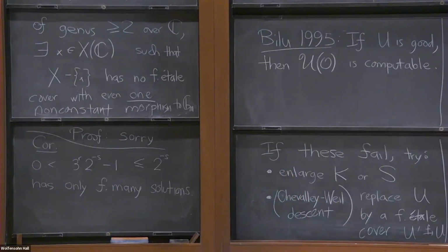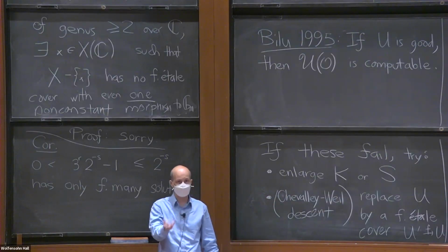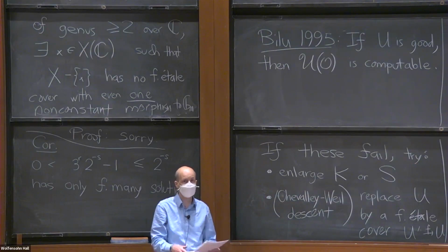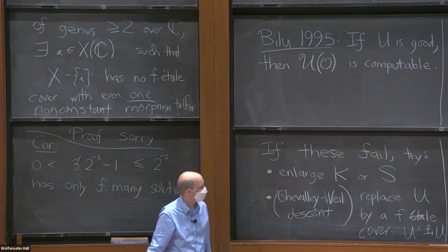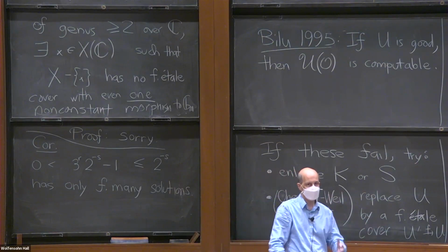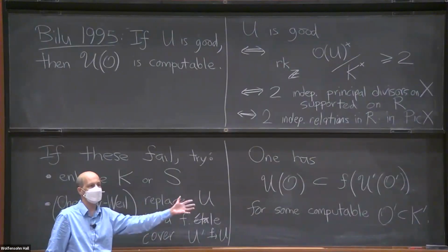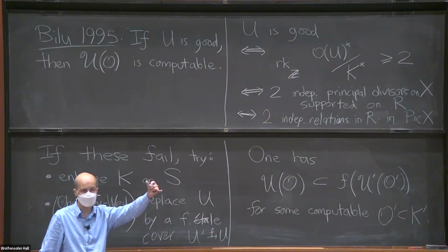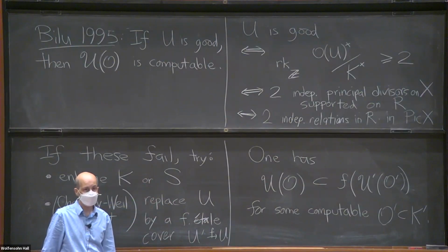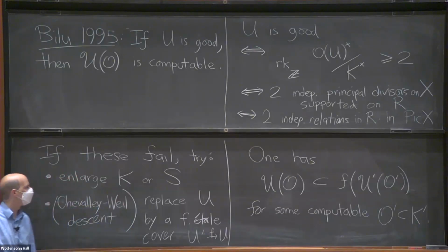You could try to remove more than 1 point, and maybe you would have a chance. It's conceivable that for every genus 2 curve, if you puncture it at 2 places, maybe there could be a cover where you have enough relations.